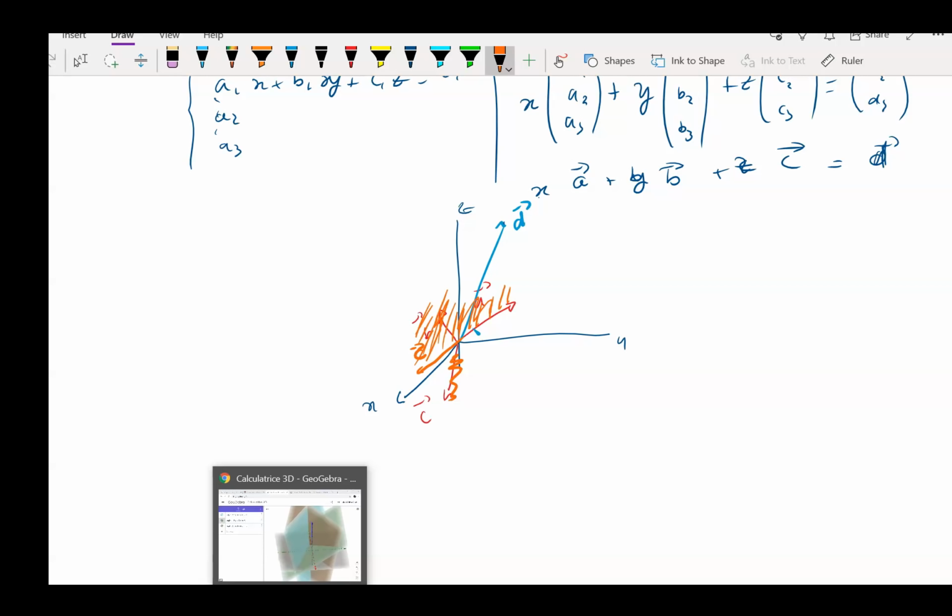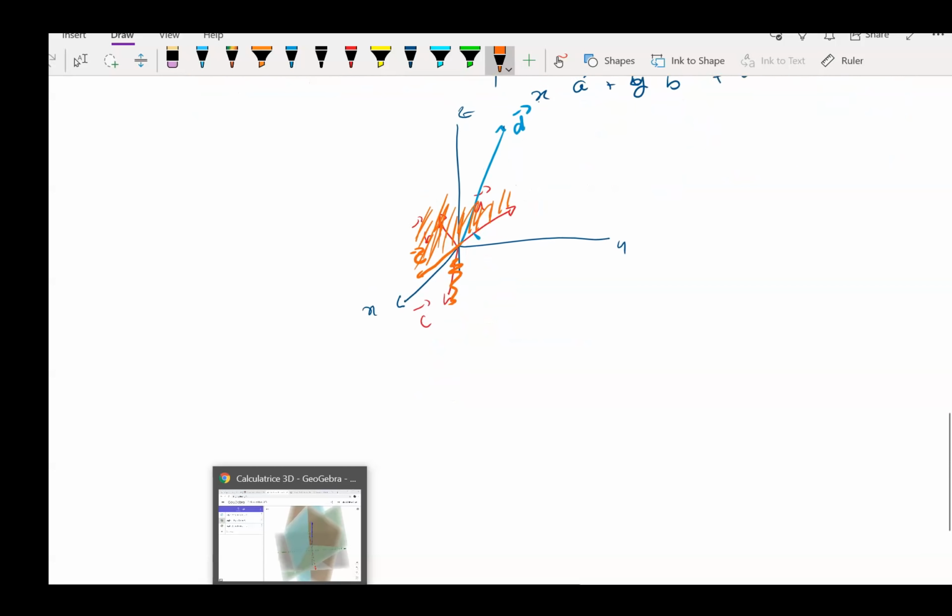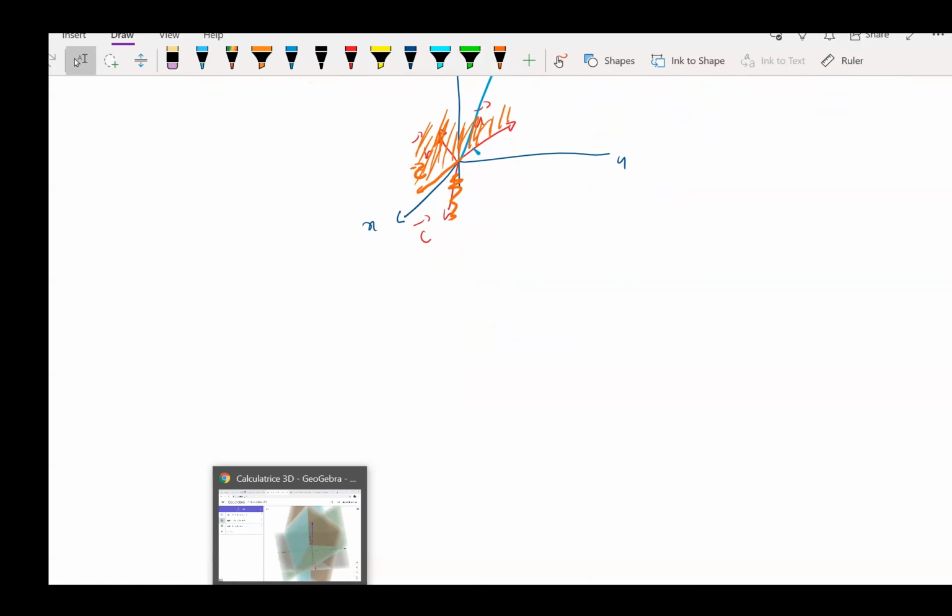Except that we're not really going to work on systems, but directly on matrices, which I haven't written yet. But I hope you know that, for instance, that second system can be rewritten as a matrix A1, A2, A3.